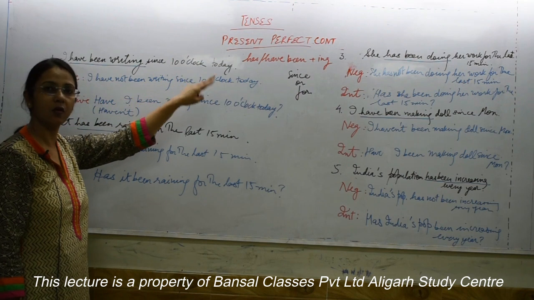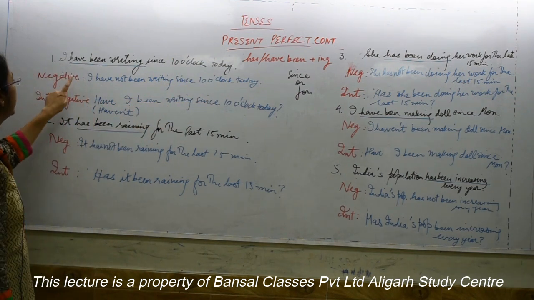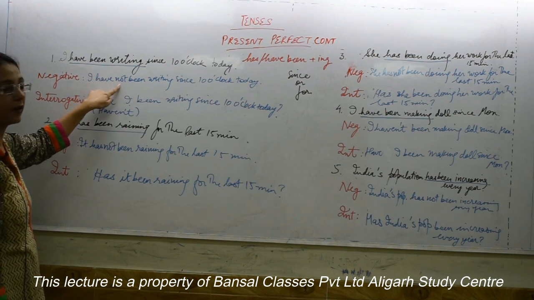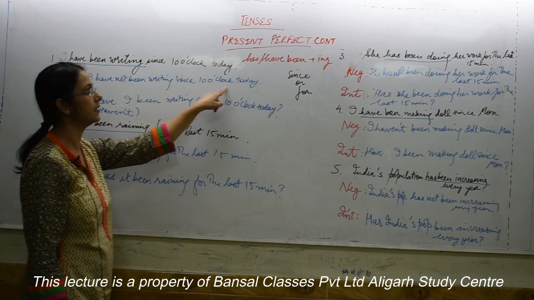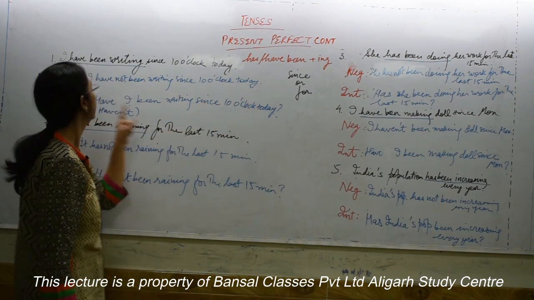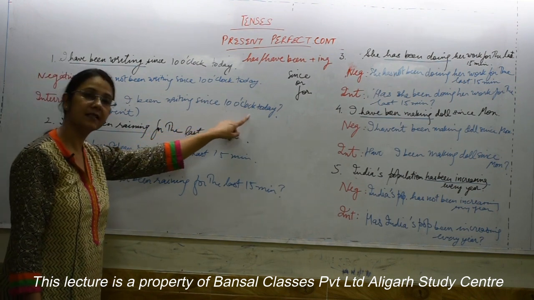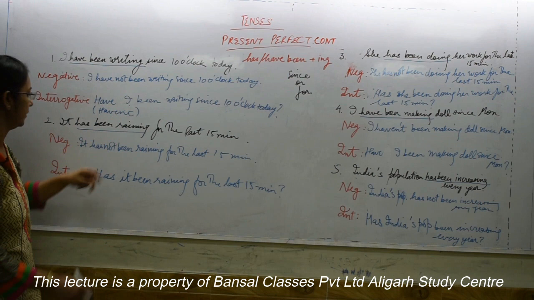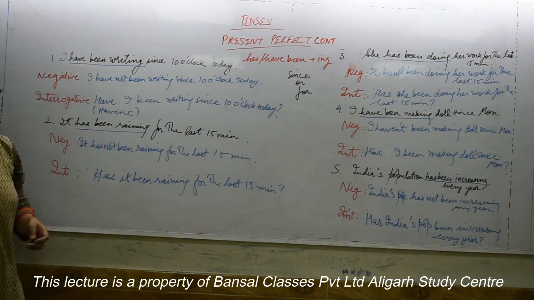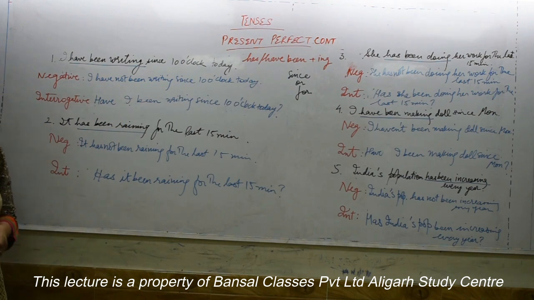This will be our present perfect continuous. Its negative would be just you have to put not, like I have not been writing since 10 o'clock today. Interrogative, have I been writing since 10 o'clock today? Just put in the question with have.